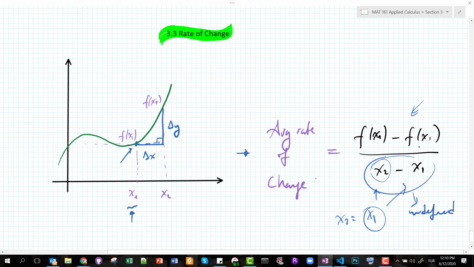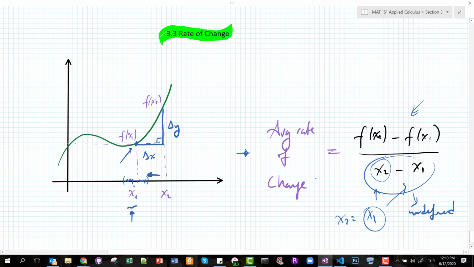What am I going to do then? Since we have learned the limit, can I use the limit? Limit was telling me the approaching concept. If I approach x1 from the right hand side or from the left hand side, I can make this distance smaller and smaller.